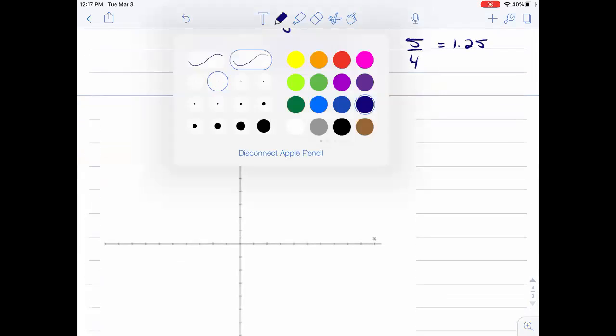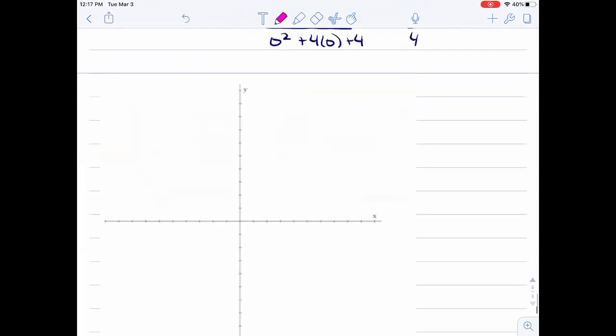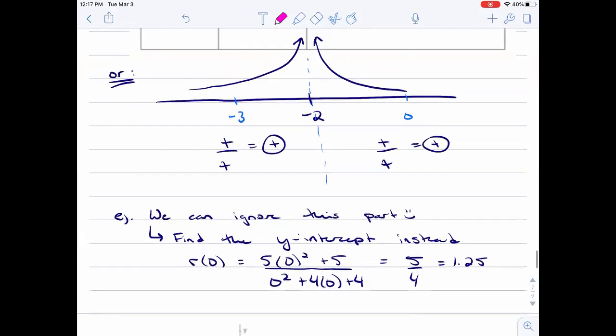Okay, let's put these guys on the map here. So 1.25, let's put that somewhere here. So I'm at x equals 0, 1.25. I know I don't have any x-intercepts, that's what we landed on. I can map my vertical asymptote at -2.